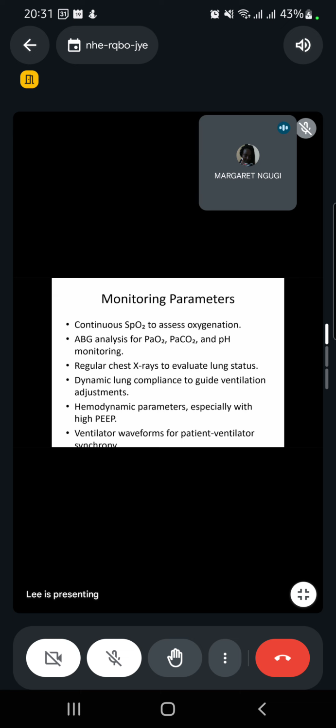So you have to monitor hemodynamic parameters so that you can get out of ARDS. And regarding FiO2, you start low and go higher as needed, then come down. Next slide.